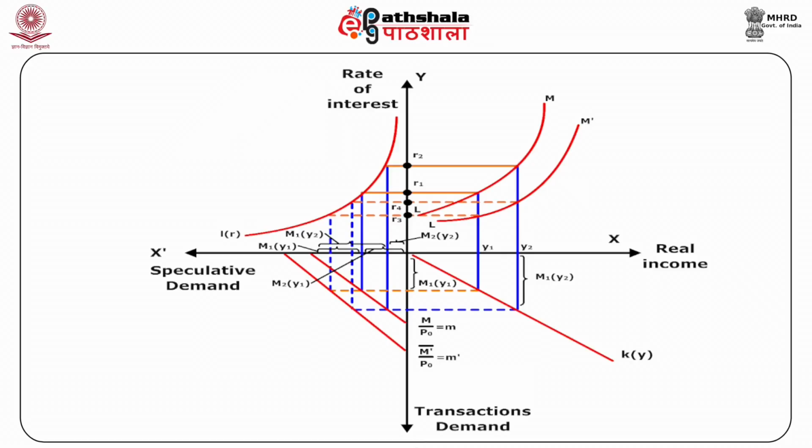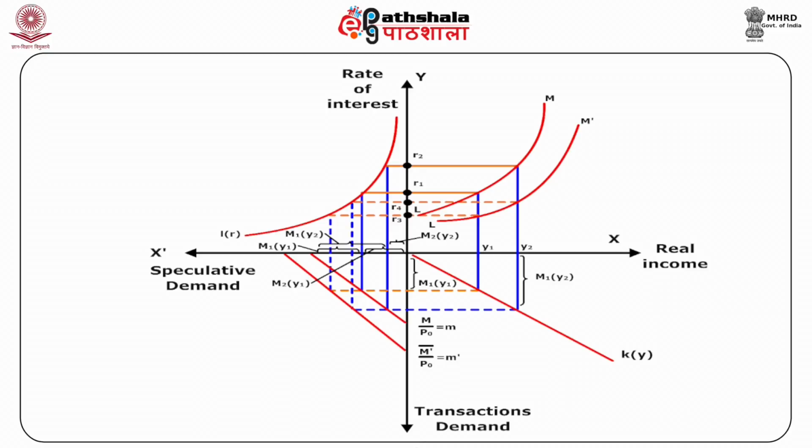The price level is given, it is still P0. So, the supply of real cash balances has expanded from small m to small m prime, and this shows that there is an equation in the money market which has to be retained, that is the equation between the supply of real cash balances and the demand for real cash balances.